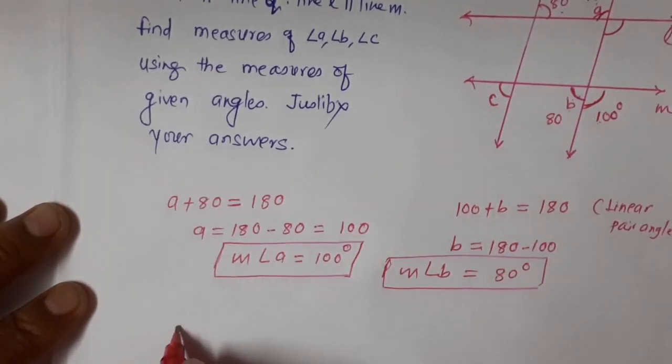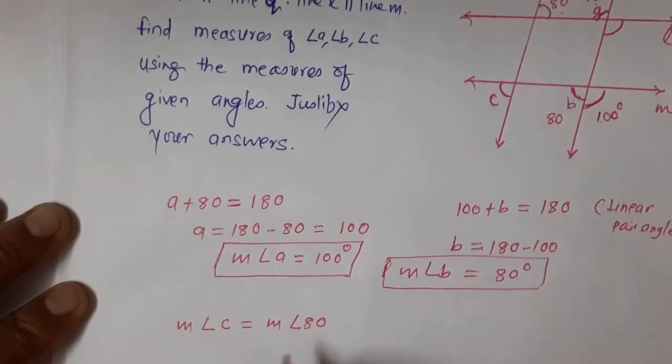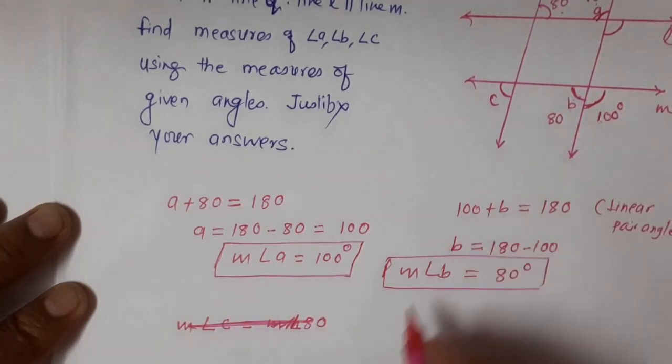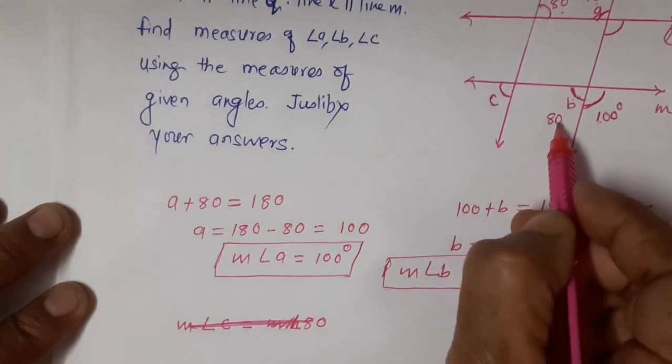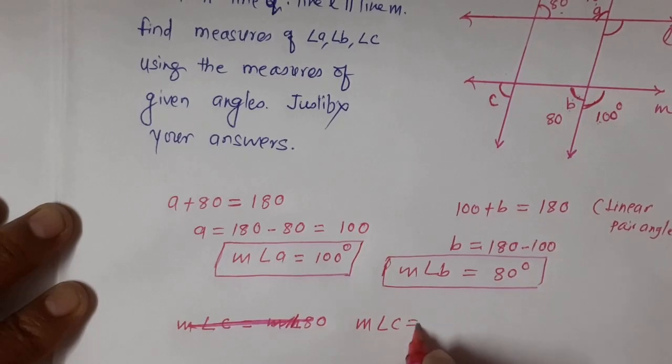So the measure of angle C is equal to 80 degrees.